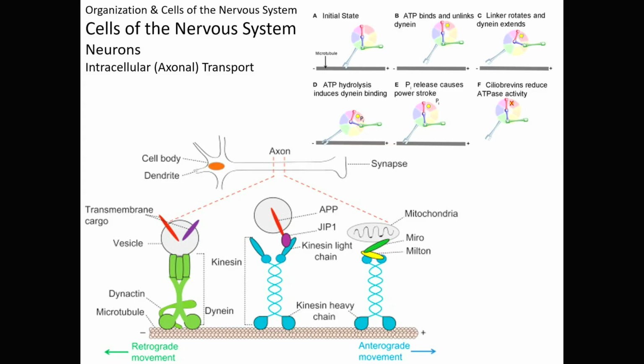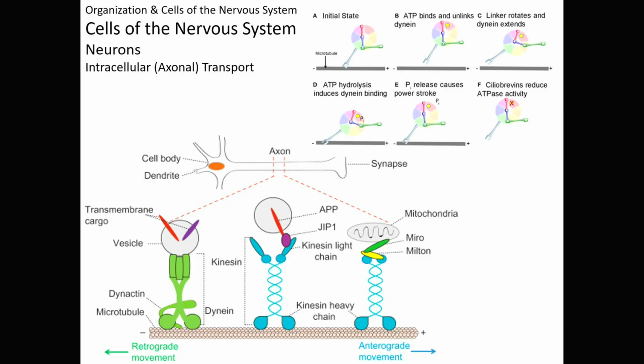So we'll go through that one more time, right? You have your linker arm bound to the microtubule. The ATP binds, and so the linker arm disconnects. The linker arm reaches forward. The ATP gets hydrolyzed, allowing the linker arm to grab onto the microtubule again, but now at a further forward position.